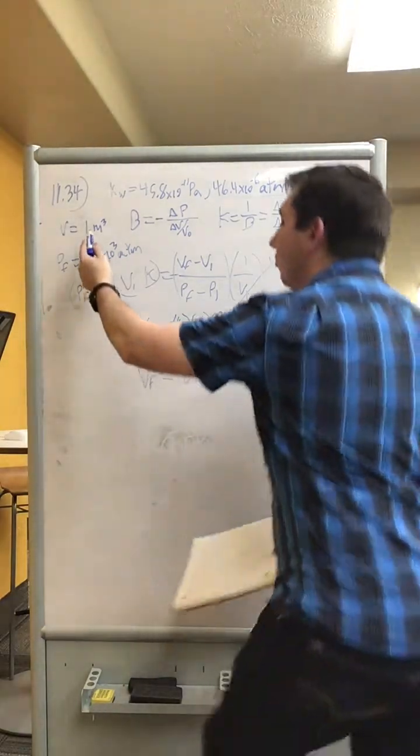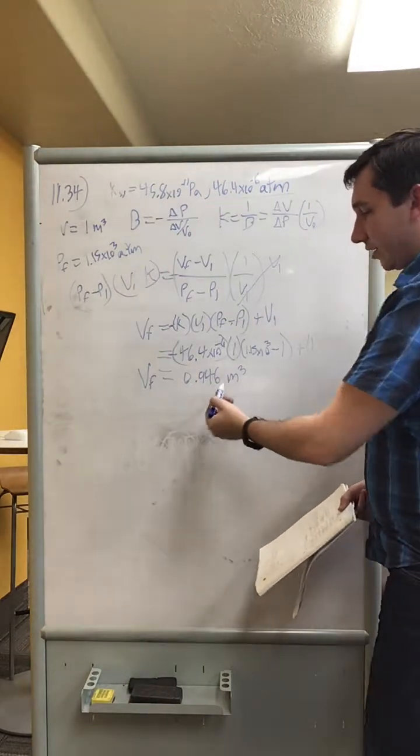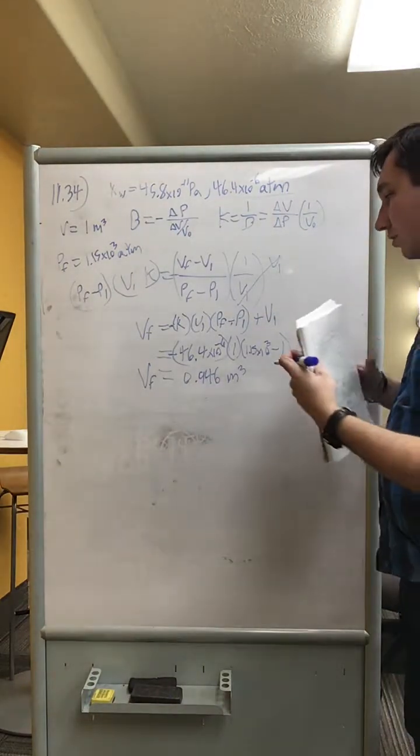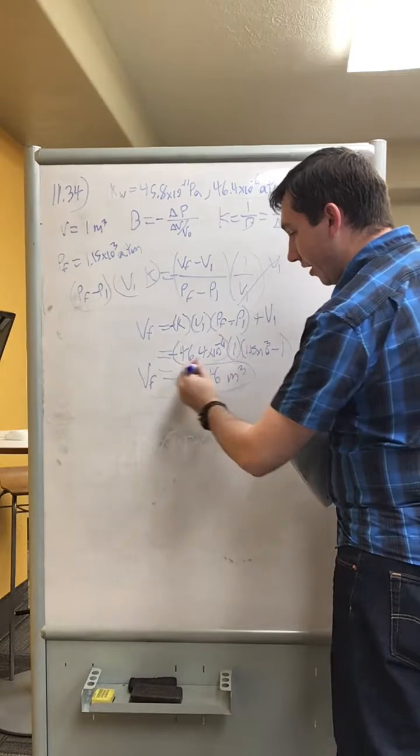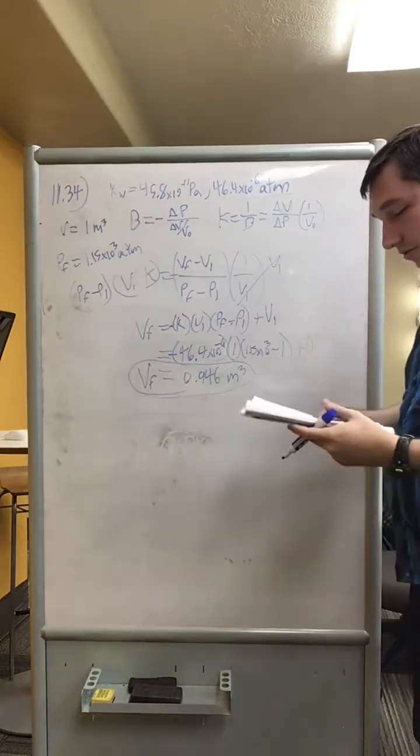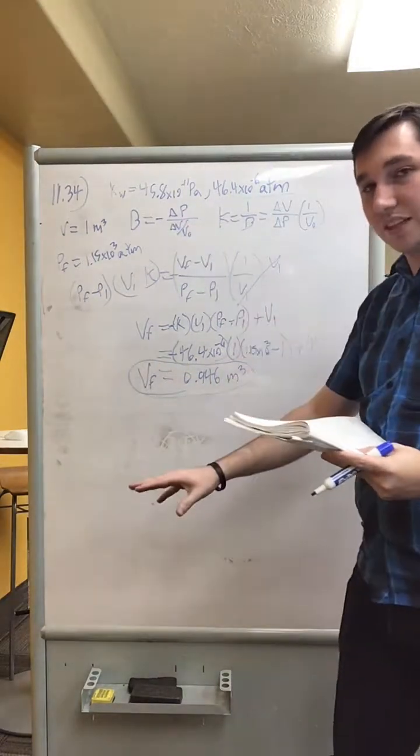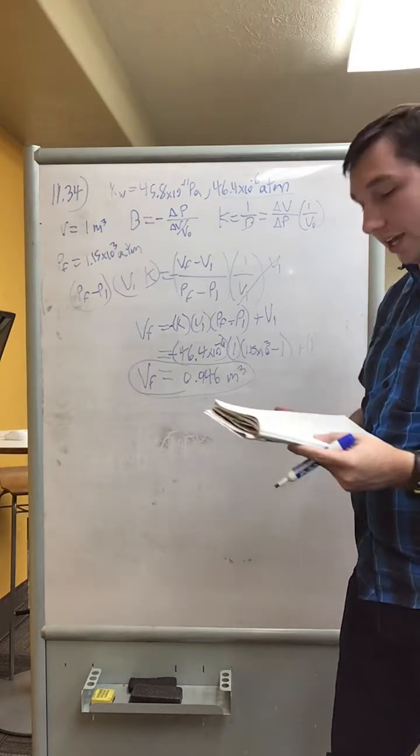So it went from 1 meter cubed and got compressed down to a little less than 1 meter cubed. So that's our final volume once we've taken that volume of water down that depth.